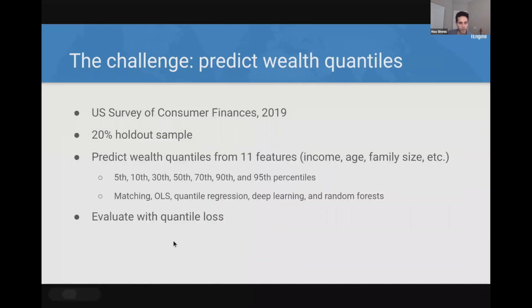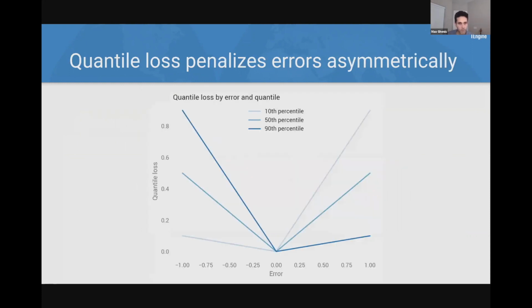So we tried that. We tried OLS. We tried quantile regression and also TensorFlow and random forest. And we evaluated with quantile loss. So what is quantile loss? This is kind of the key part of quantile regression. Quantile loss actually looks very similar to something you may have seen before if you're predicting the median.